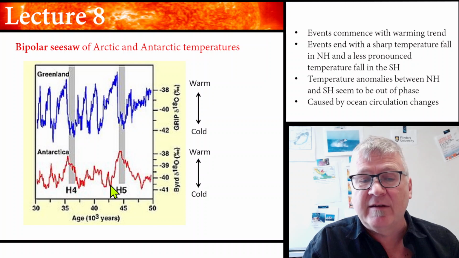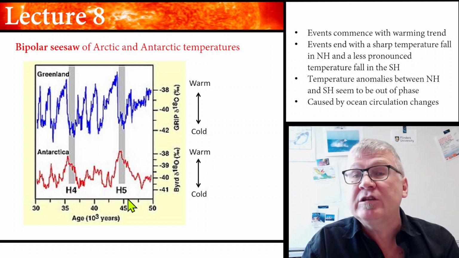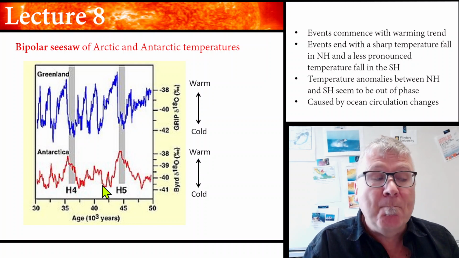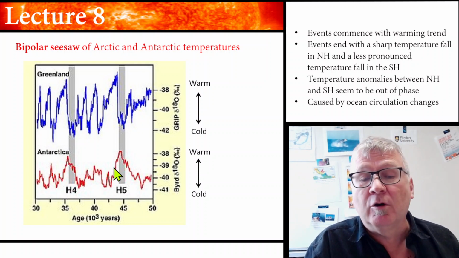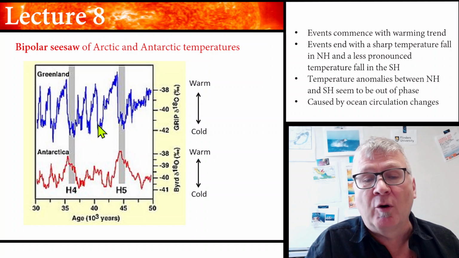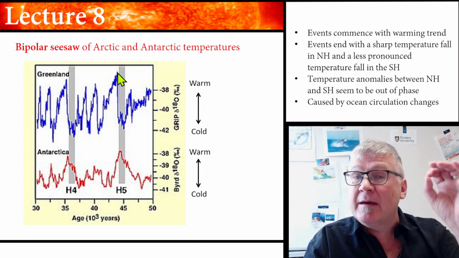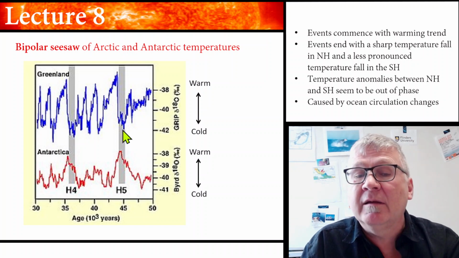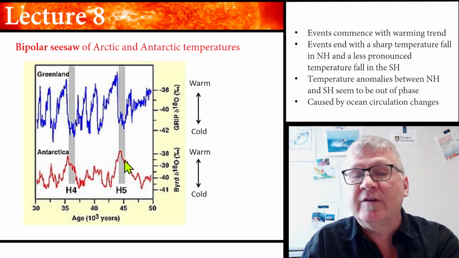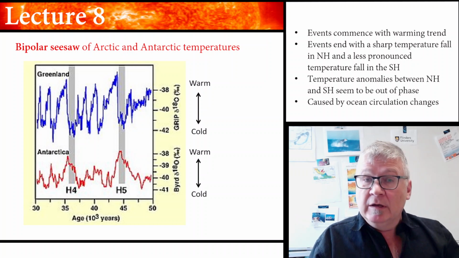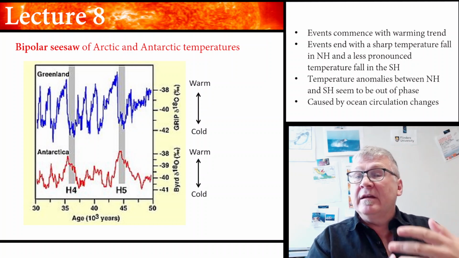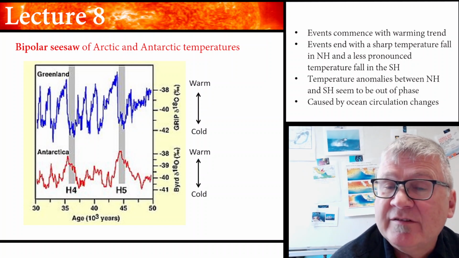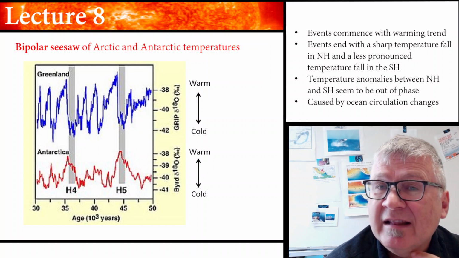You can see the second event, called H5. It's linked to Heinrich events. But anyway, you can see that in both there is a global warming before. Both increase, then something happens in the northern hemisphere, a sharp cooling, and less in the southern hemisphere. So if you look with a naive view at these temperature records, you can get confusing results in terms of one region lagging the other.